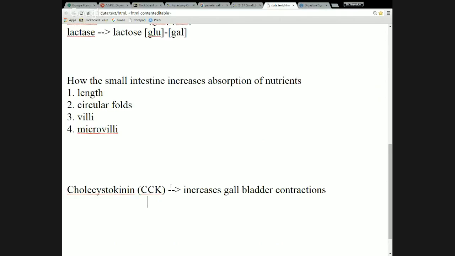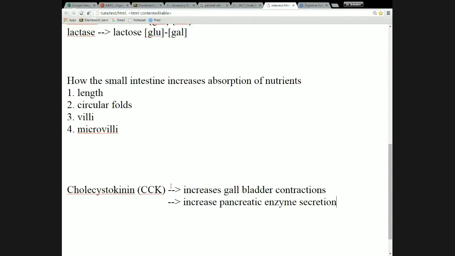Cholecystokinin will also increase pancreatic enzyme secretion. Cholecystokinin is going to be released from the duodenum when hypertonic chyme, or lots of macromolecules, move from the stomach into the small intestine.